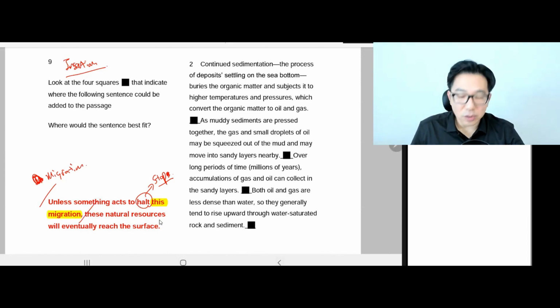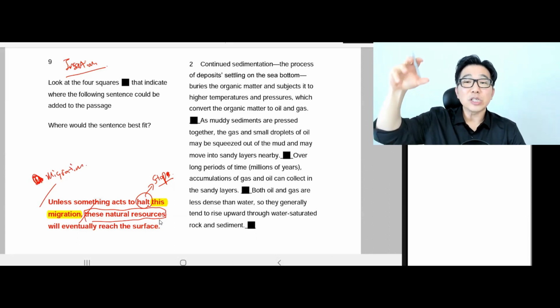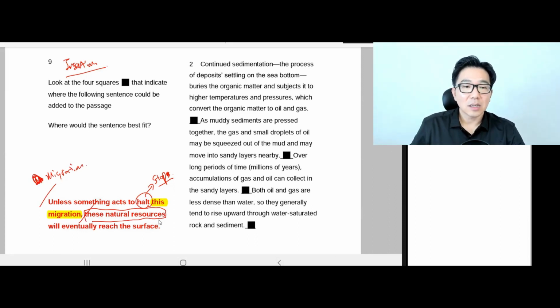"These natural resources." Okay, so we have another hint. One sentence before, it's going to talk about some kind of natural resources, in plural, or 2 different types, so that this sentence can call them these natural resources, a pronoun.